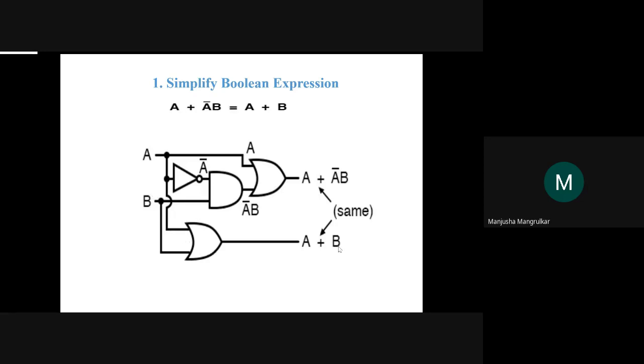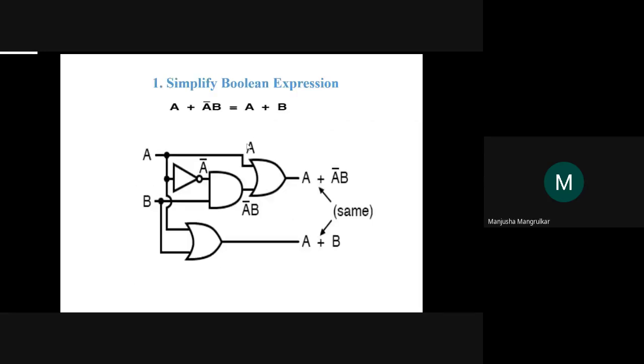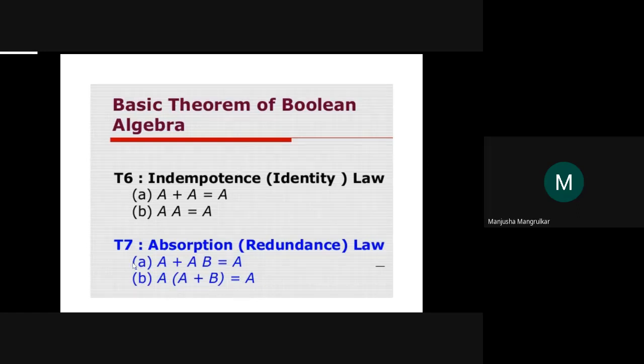Now we'll see how we will solve it. A or A complement B, right? We apply the previous rule to expand the A term. As we have seen in this theorem, A is equal to A plus AB.